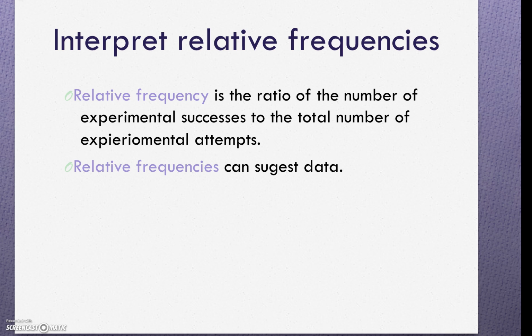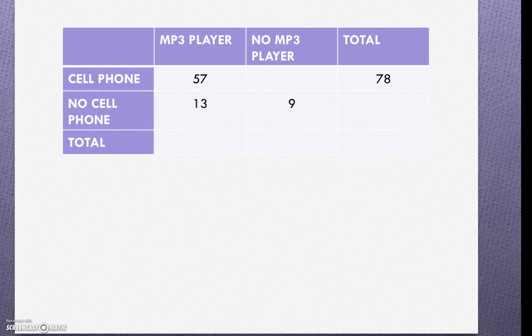Relative frequencies can suggest data too. This is what a two-way table looks like. And it's not this empty, but just for your learning sake, we're going to fill it out together.